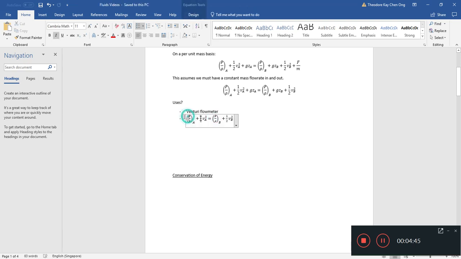So the pressure difference between 2 points is directly correlated to the flow velocity. And since the flow velocity is directly connected to mass flow rate or volumetric flow rate, we can use it to measure flow. That is what we want to discuss in our next video.